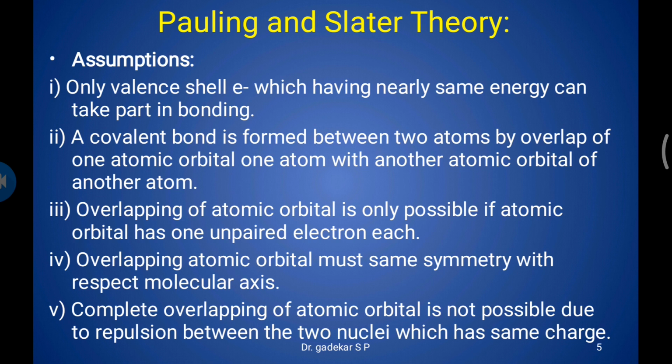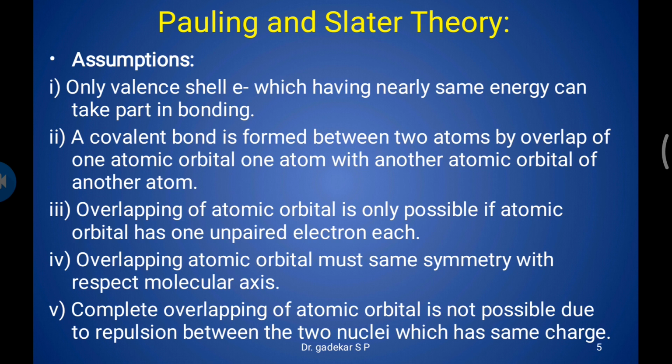Okay, we need overlapping of orbitals with the same symmetry. Different symmetry cannot overlap. So that's why overlapping atomic orbitals must have the same symmetry with respect to the molecular axis.